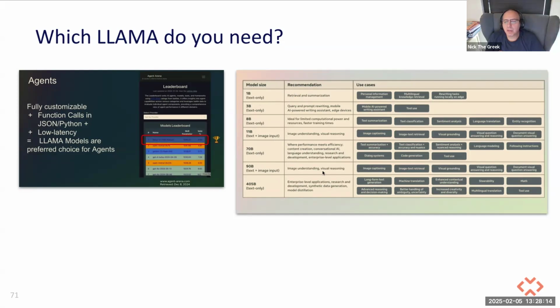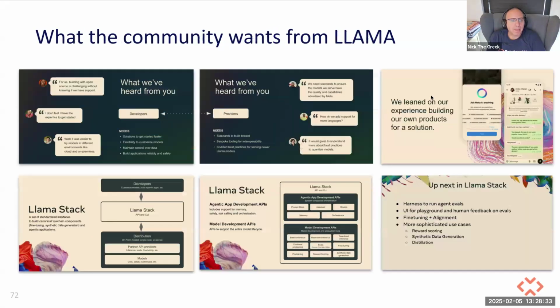This is interesting because, regardless of agent, and again, I put this talk in the agent section because that's how they wanted the messaging to be, this is a useful talk that basically tells you which model to pick based on the use cases and what they recommend. I think it's very useful.